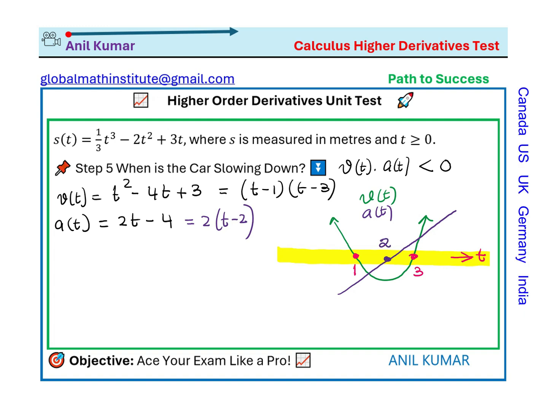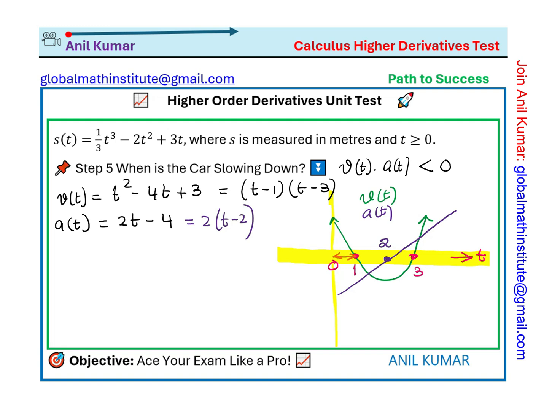Now from the graph, it is very clear that, let me also sketch this part here, which is t equals 0. Now it is very clear that the interval during which they have opposite signs is from here to here, correct?